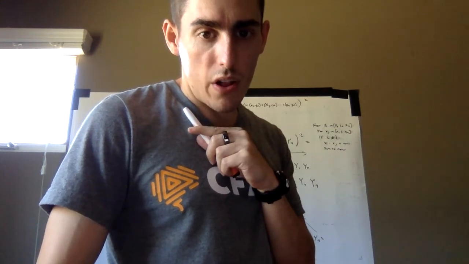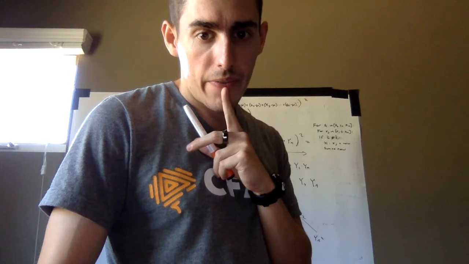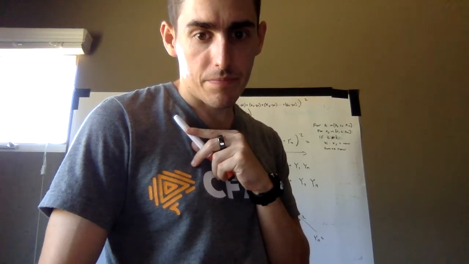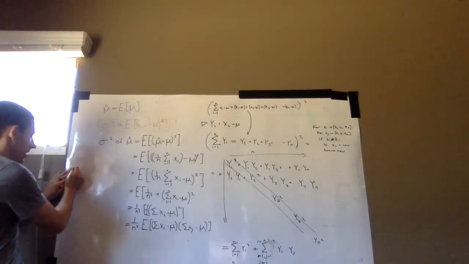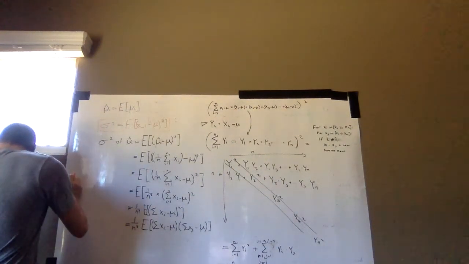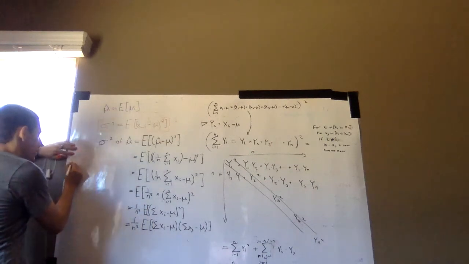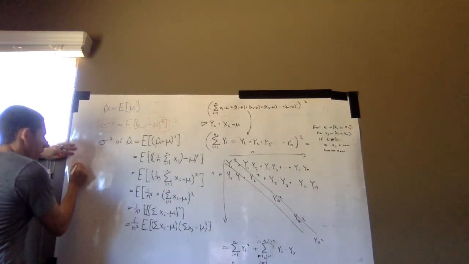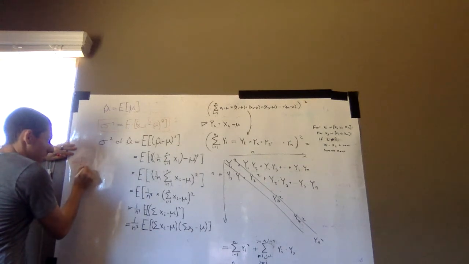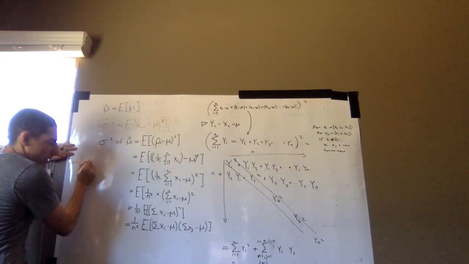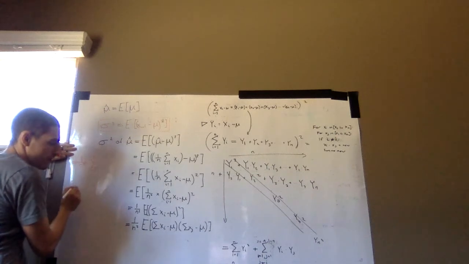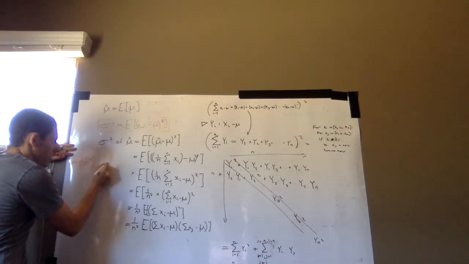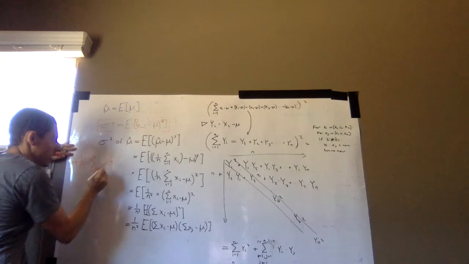And so overall, going back to here, we end up with 1 over n squared times the sum from i equals 1 to n of sigma squared.